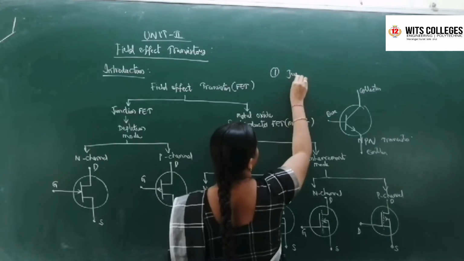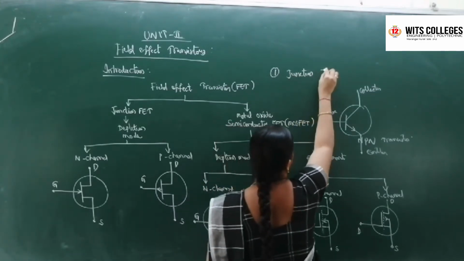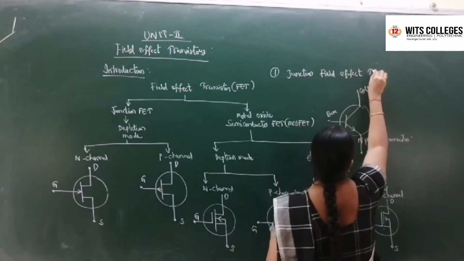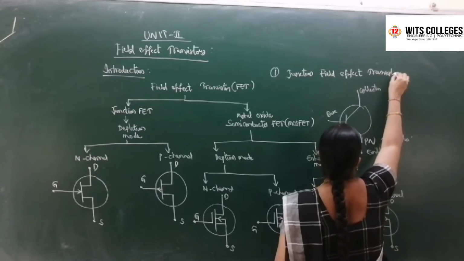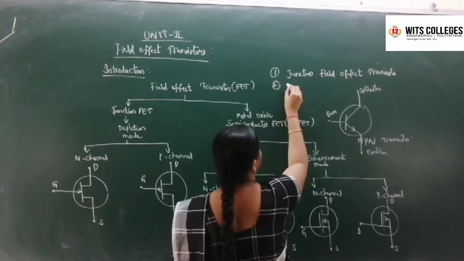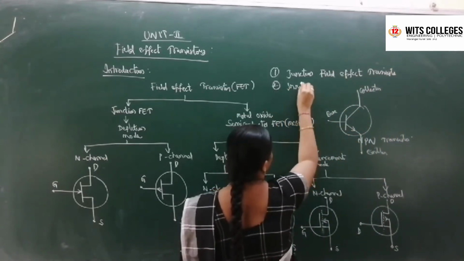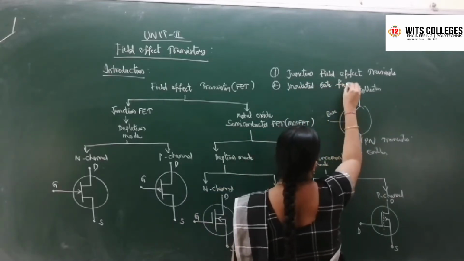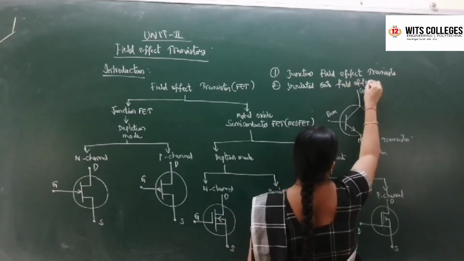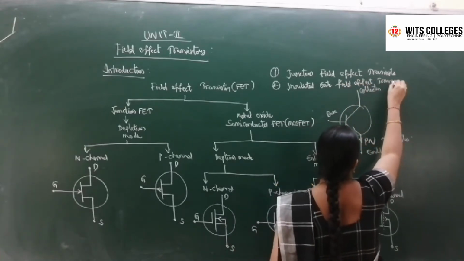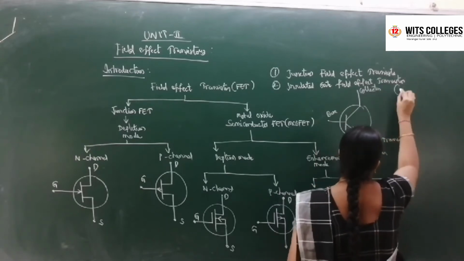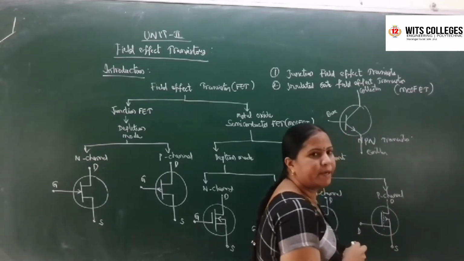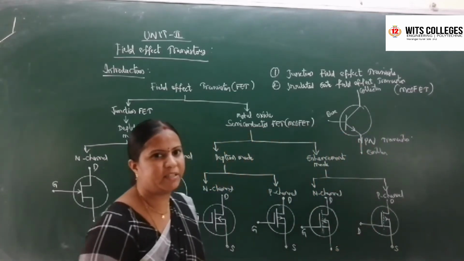The first is the junction field effect transistor. The second is the insulated gate field effect transistor, which we can simply name the MOSFET. MOSFET full name is metal oxide semiconductor field effect transistor.